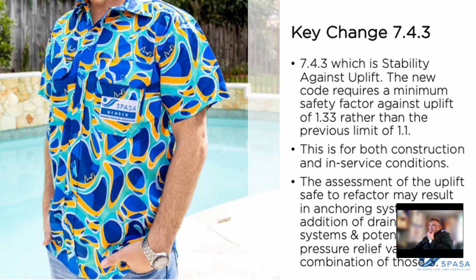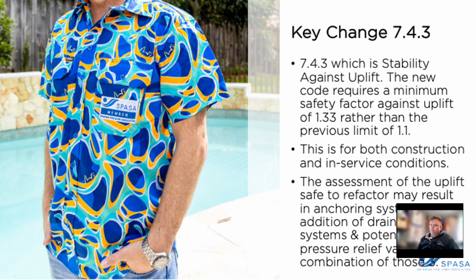Other key changes, being 7.4.3, which is the stability against uplift. Now, in the new code, it requires a minimum safety factor of uplift of 1.33 rather than the previous limit of 1.1. By way of explanation, what that means is that previously you needed to allow for, say, 10% of actual weight of the pool that's empty with pressure from the outside.